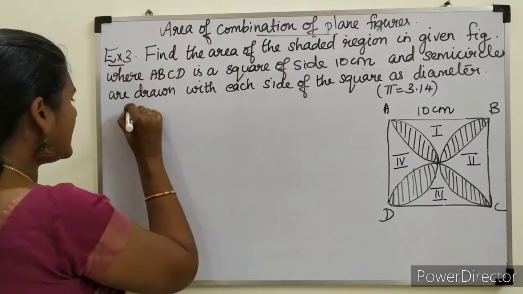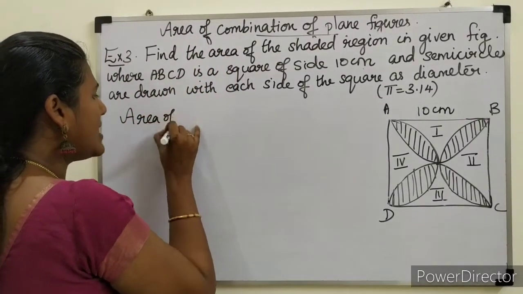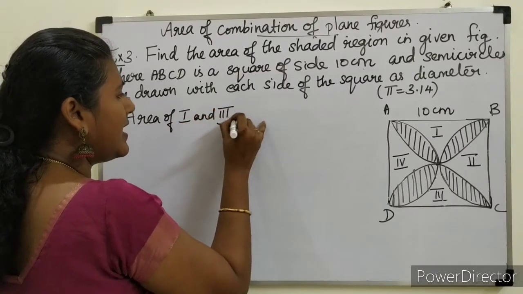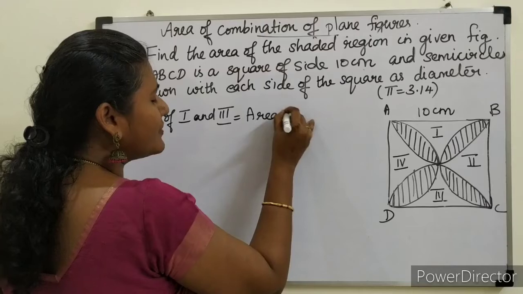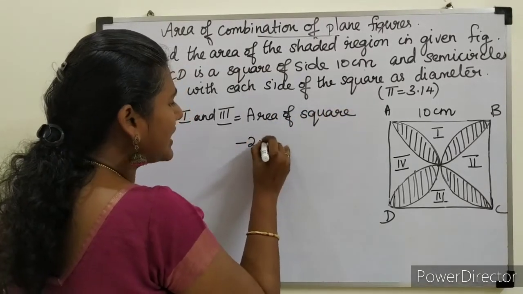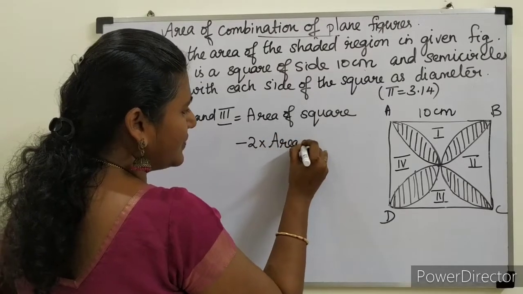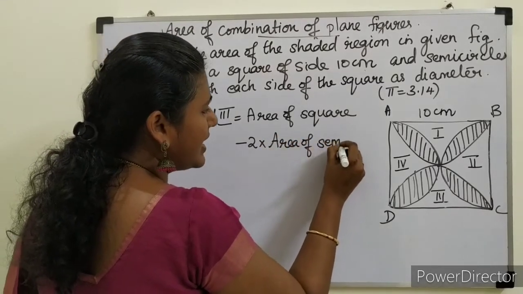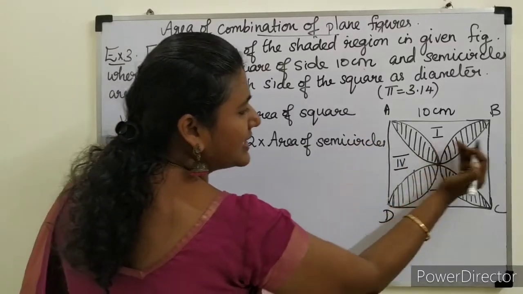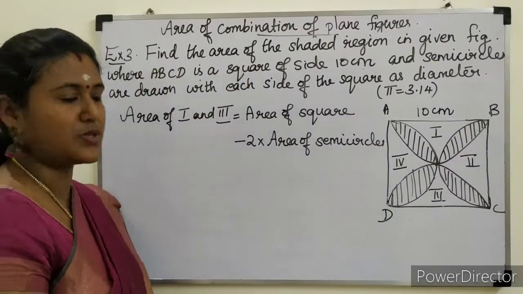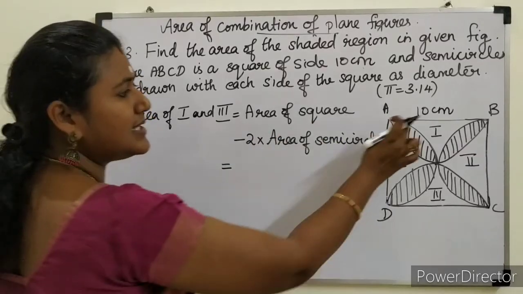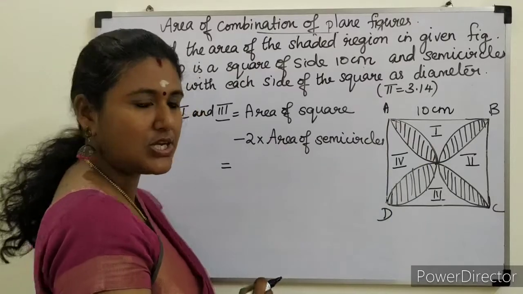So for finding the area of regions 1 and 3, from the area of square we will subtract the areas of the two semicircles. Area of square is side into side. Here the side is given as 10 centimeter.